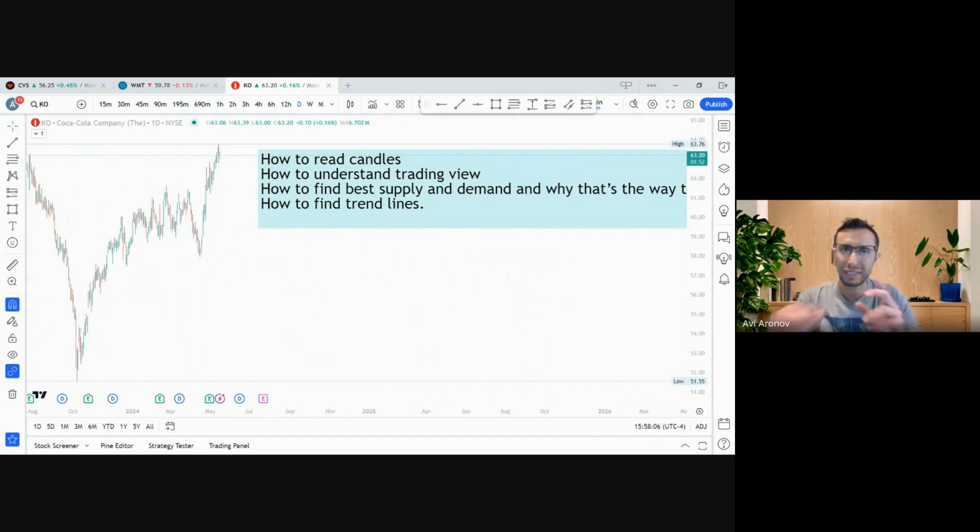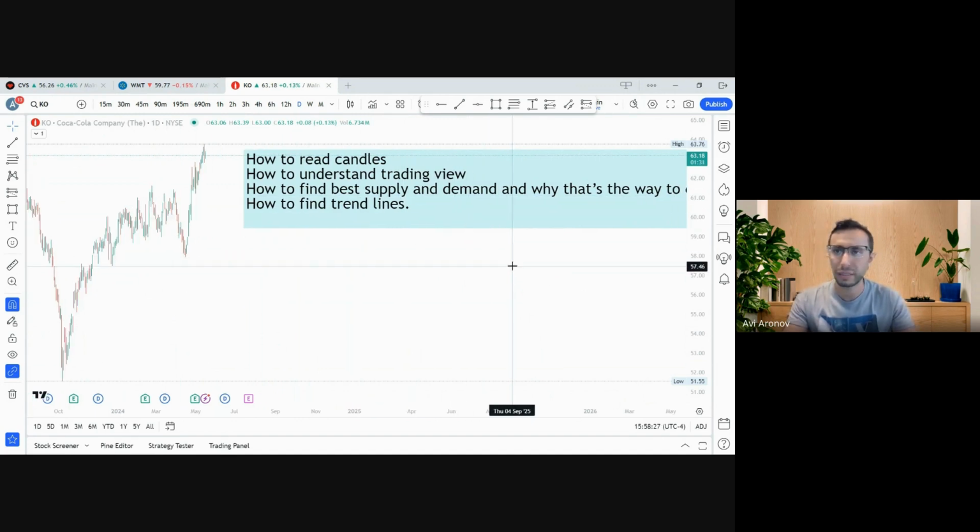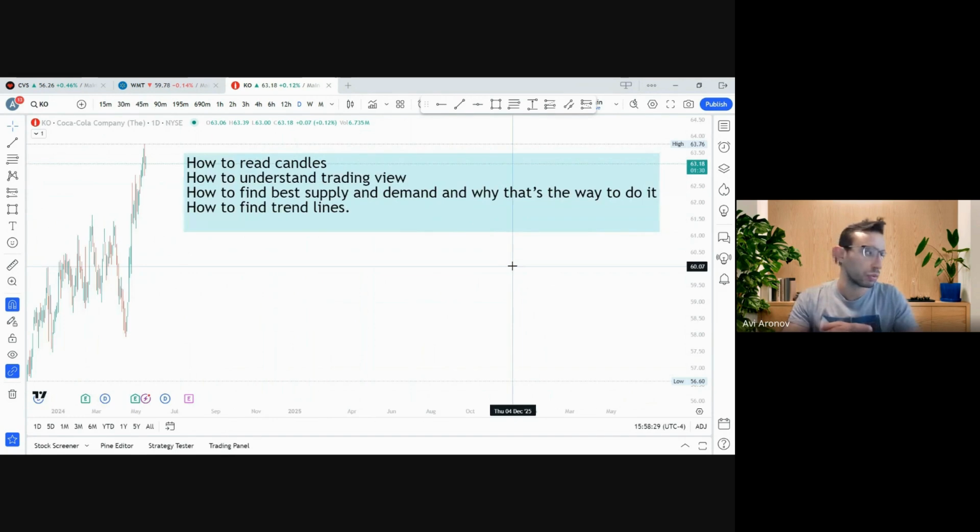Okay, how to understand TradingView in terms of charting and where you are looking when you're changing time frames and a lot of those different things. It's very important to make sure that it's easier for you to navigate. Okay, also how to find the best type of supply and demands and why they are really also the best and what way you want to work them.